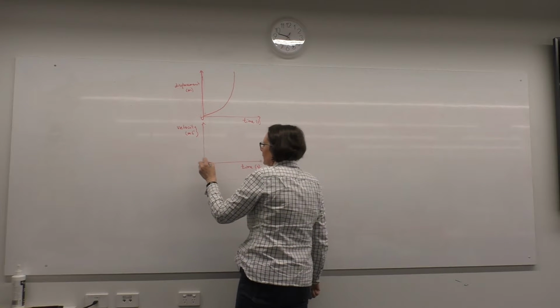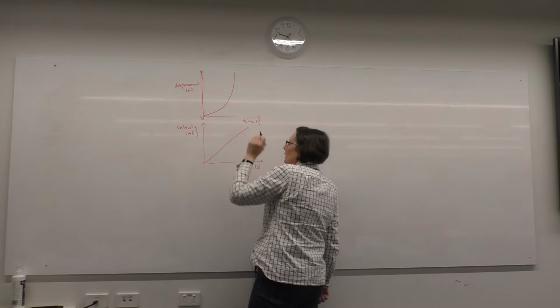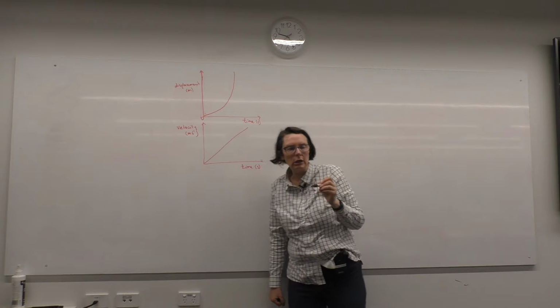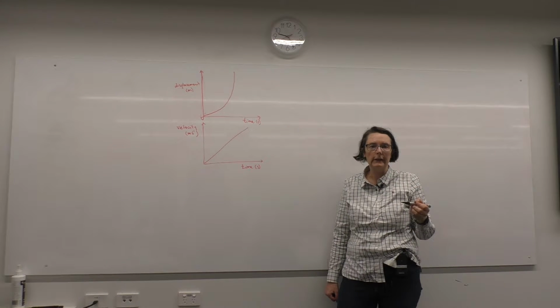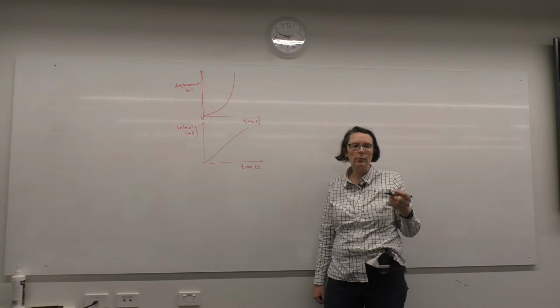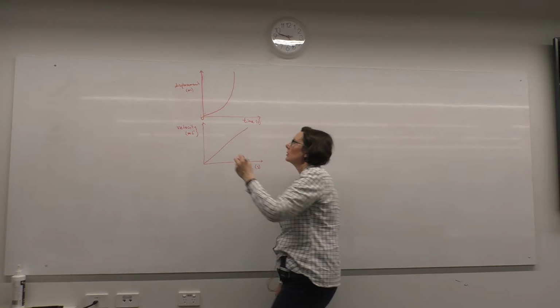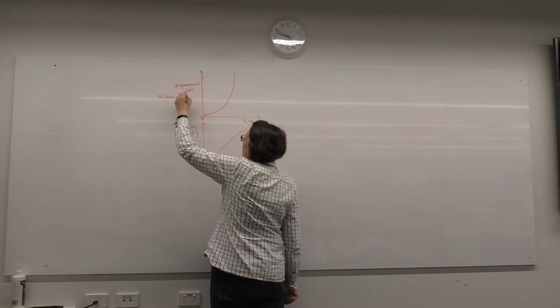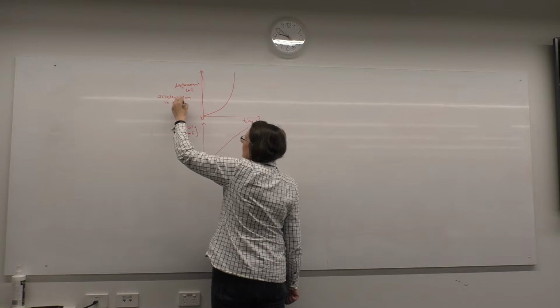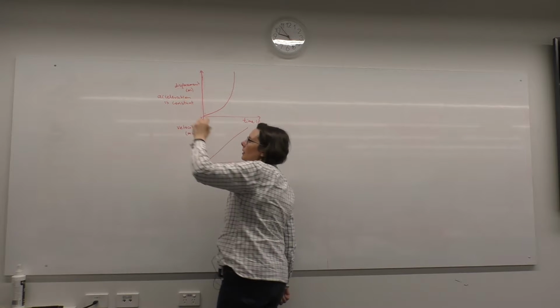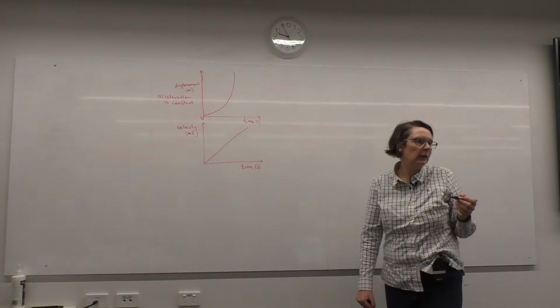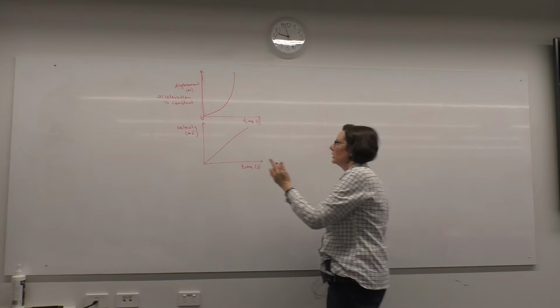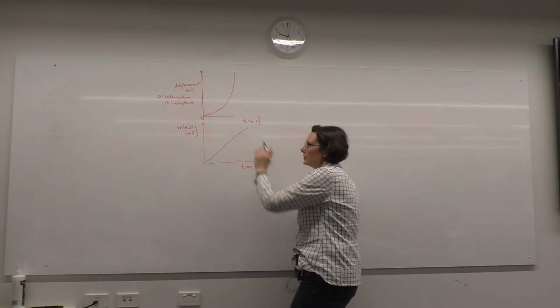And so what I end up with is a constantly increasing velocity. Okay, so my acceleration is constant, but my velocity is increasing.